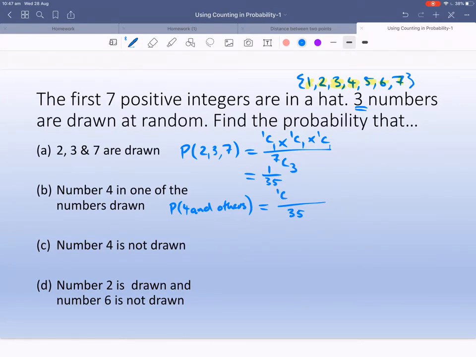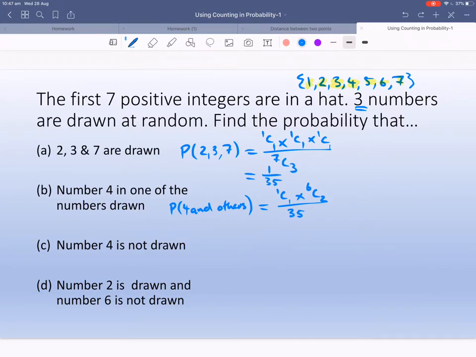So out of that 1 4, we have to pick it, and then there's no other restrictions. So how many numbers are left? There's 6 because we've picked 1 out. And we're going to choose 2 because that makes 3, and 3 numbers are drawn at random.